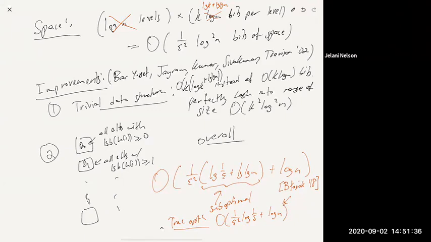Which means that at the end of the day, what you'd like to do is set K to be something like, let's say, 32 over epsilon squared. Because even at the level that you base your estimate on, it's very unlikely that the actual number of distinct elements there is bigger than 32 over epsilon squared. Does that make sense? Yeah.